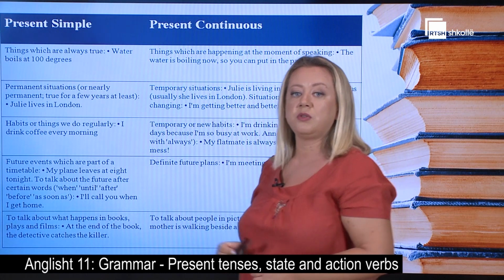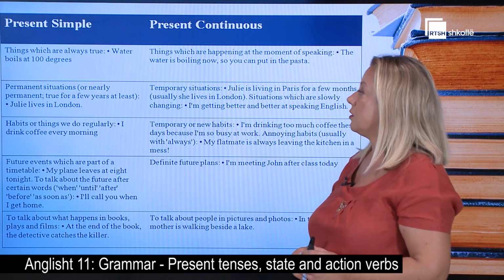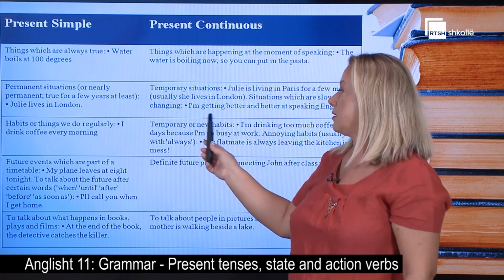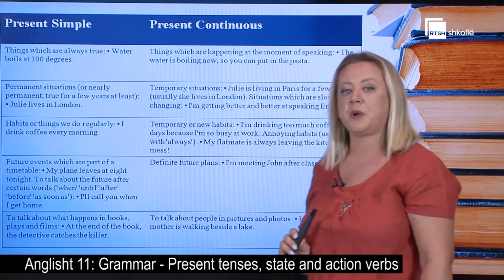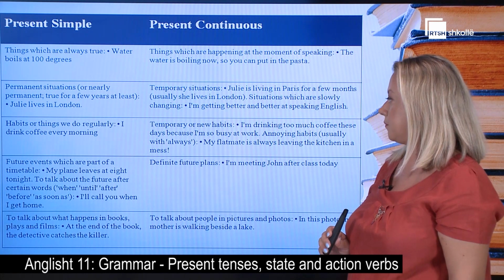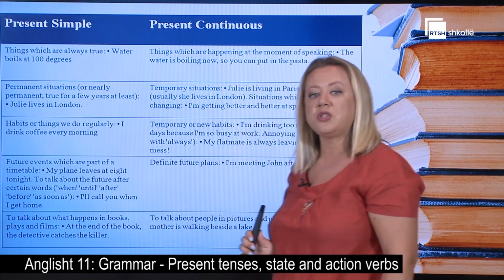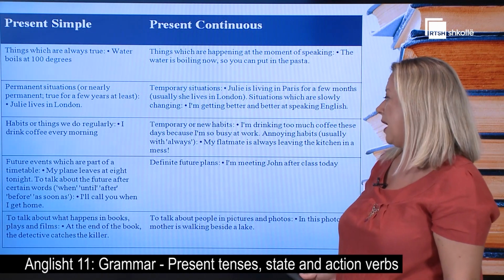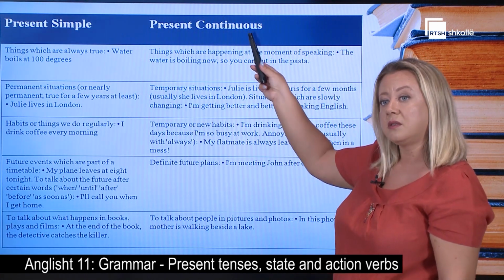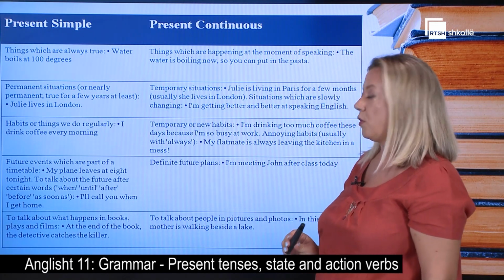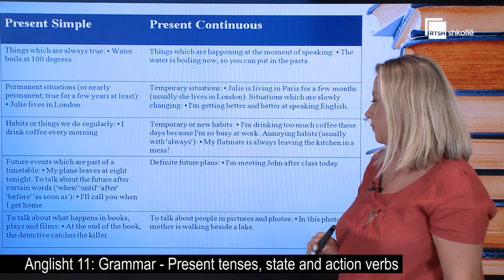Habits or things we do regularly are expressed with present simple, but new habits or temporary ones are expressed with present continuous. Present simple refers to future events which are parts of a timetable, while present continuous refers to definite future plans, more specific ones.